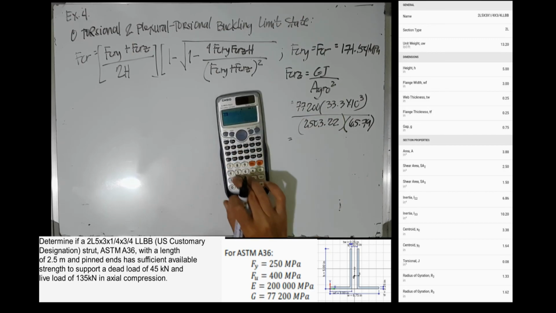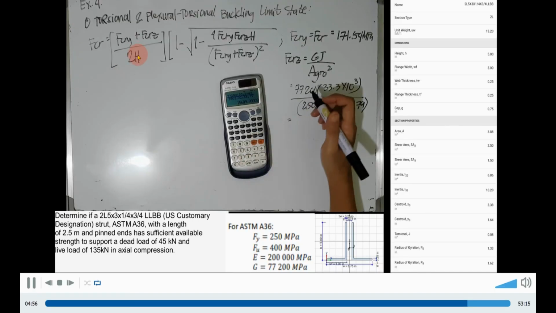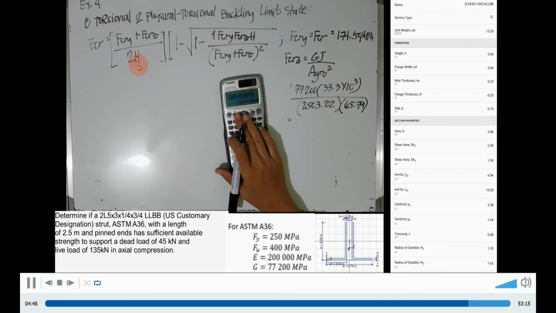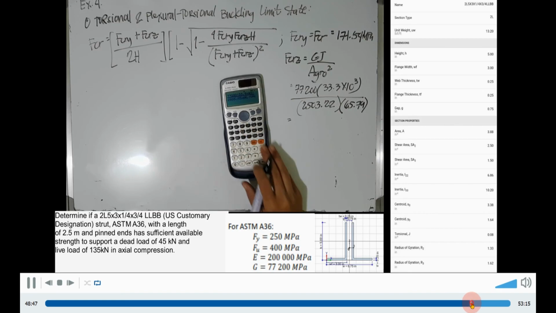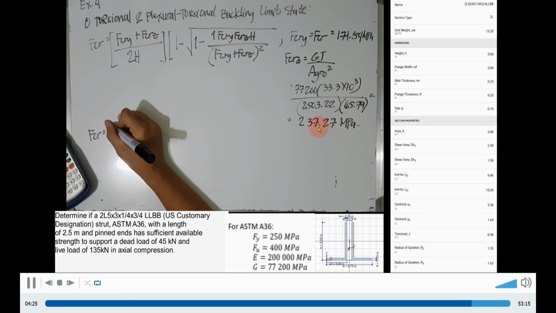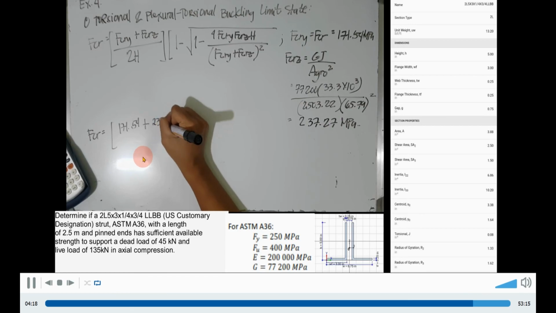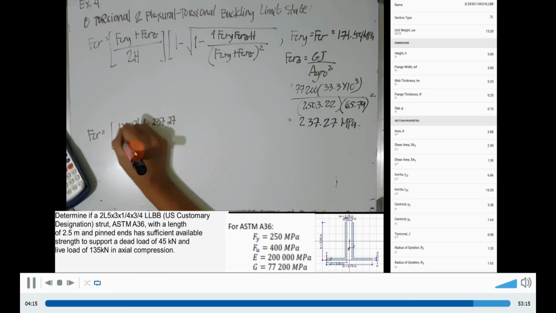If you open your AISC manual, makikita nyo yung value ng polar gyration. And also with the H, or the flexural constant. So our critical torsional stress would now be equal to 237.27 megapascal. Substitute lang natin. We have all the values now.